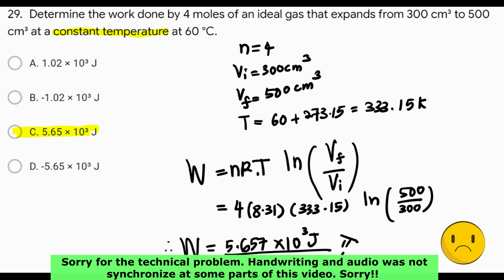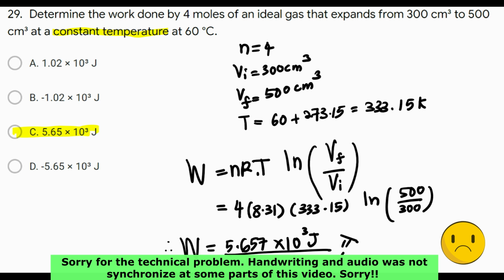Now we want to calculate the work done. For an isothermal process, since we have the values for final and initial, W is equal to nRT ln V final, or V2, over V initial. Now we can substitute all the values that we have here.